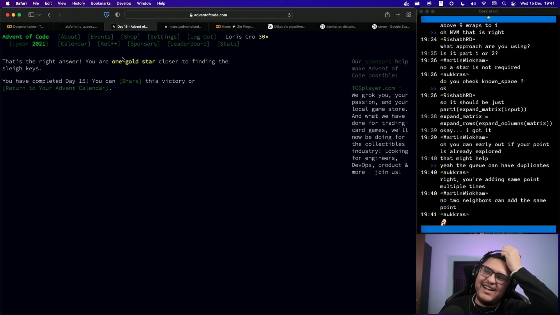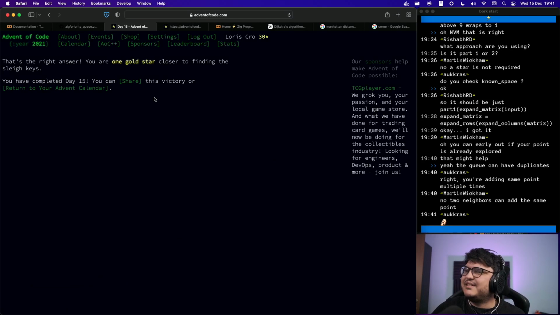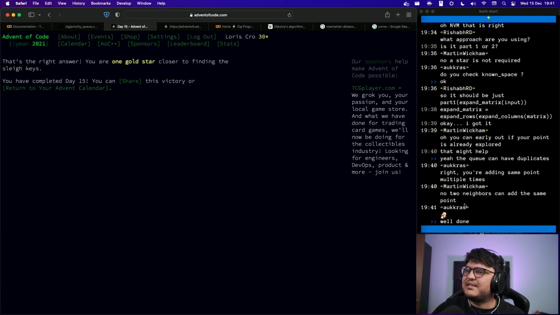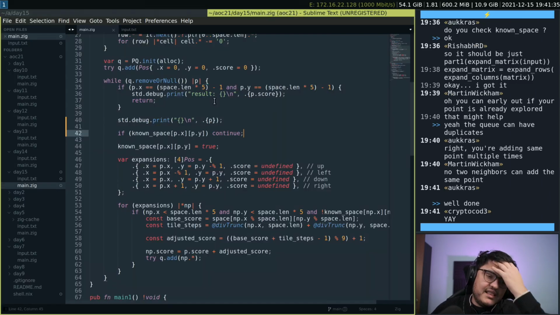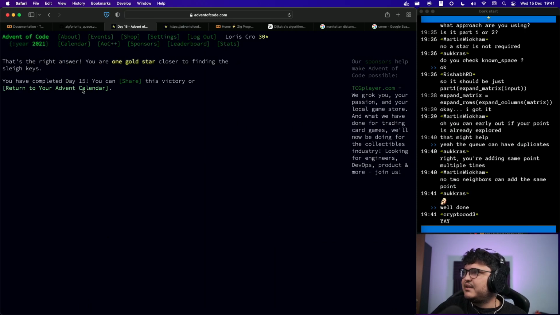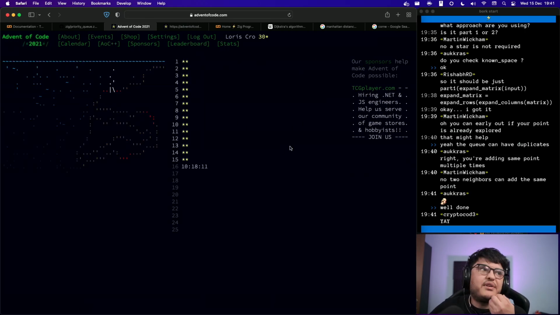Yay! That was it. Yeah, two neighbors can have the same point. This is the same problem that was messing with me in the bomb example. In the bomb exercise, I also had the same problem because I didn't realize that two different things were going to push the same thing into the queue twice. Yay! Okay, it wasn't that bad.